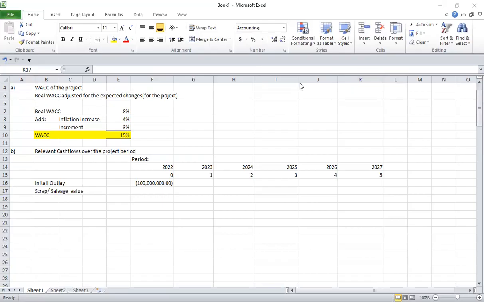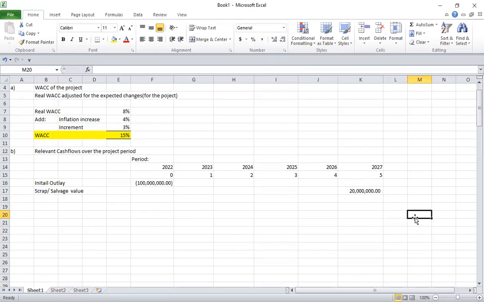So please remember that the salvage value is money which we'll receive. And if that is a cash inflow, then of course it should be a positive cash flow. We'll then say under period 5 that we have 20 million as a plus.